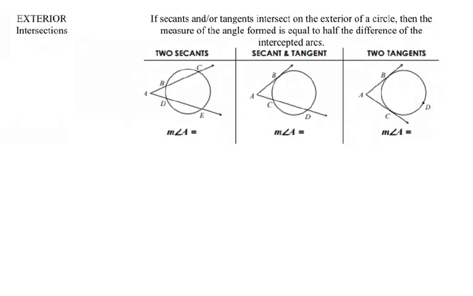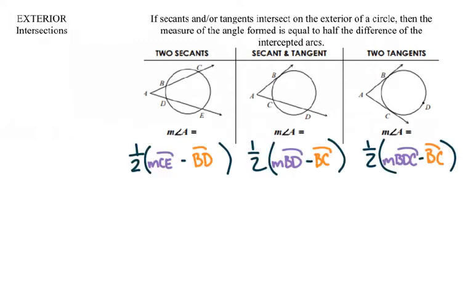Okay, moving on. Alright, the next thing we're going to look at is what happens when you have intersections outside of the circle. And these are a little weird. I'm going to go ahead and write the formulas, and then I'm going to color code stuff and talk to you about it. Okay, so if you'll notice, all 3 formulas are exactly the same. So it's 1/2 of the big arc minus the little arc.